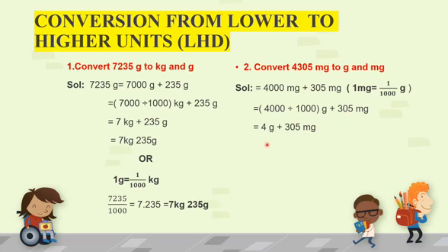After having converted 4000 milligram into gram and bringing 305 milligram down, you have to remove the plus sign. And how will you remove it? Just take it out and then write the units with the numbers together: 4 gram, 305 milligram.